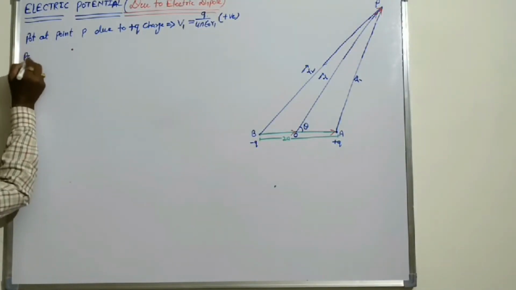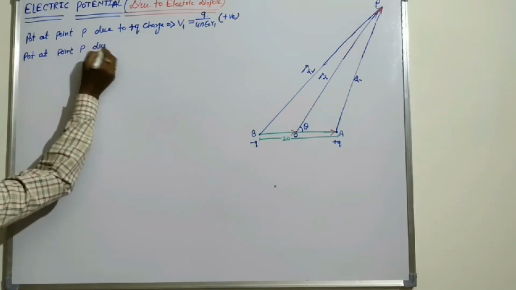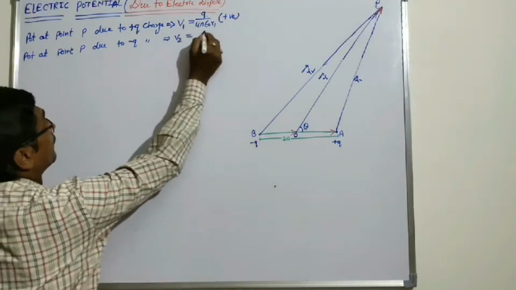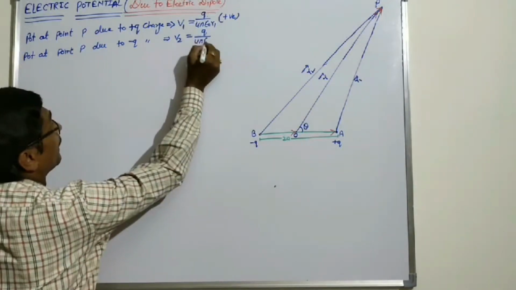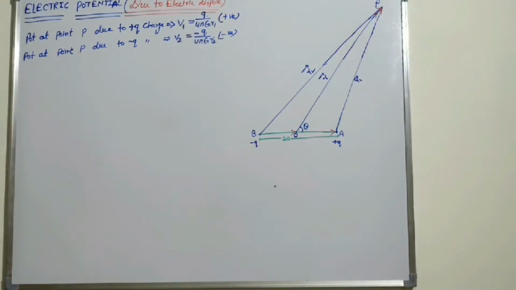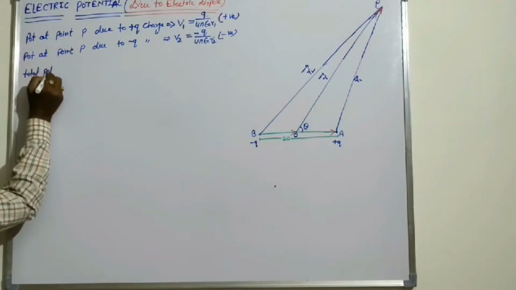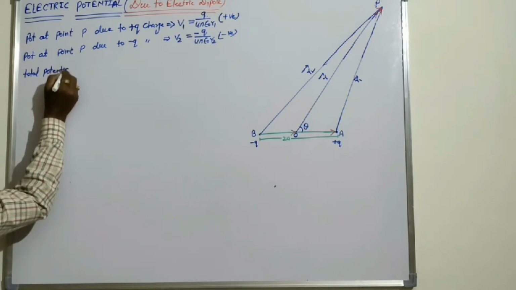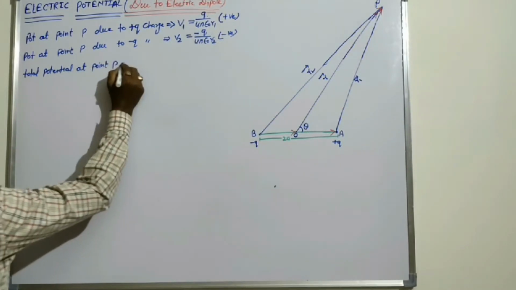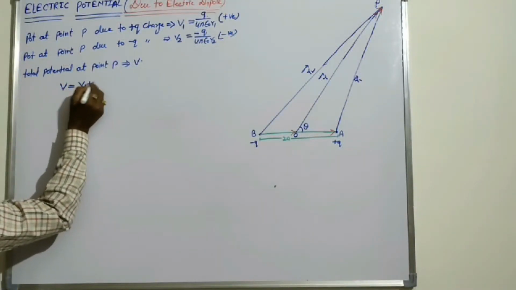And similarly, potential at point P due to negative charge V2 is equals to Q upon 4 pi epsilon naught R2. It is negative because charge is negative. Now net potential or total potential at point P is equals to V. So net potential V is equals to V1 plus V2.